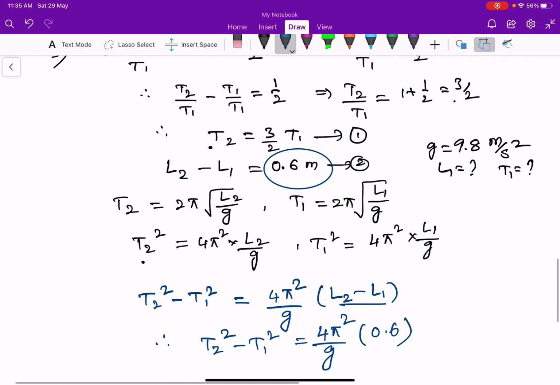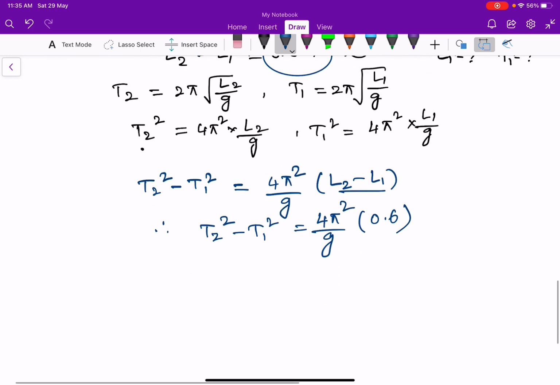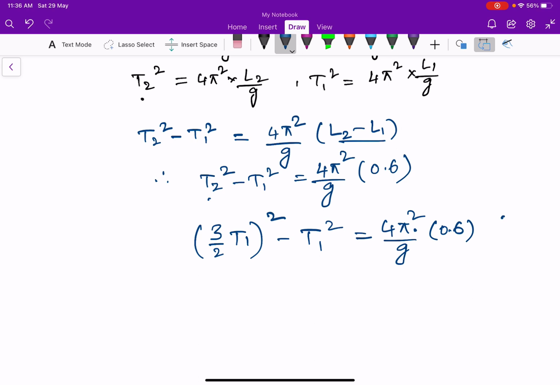So here T2 is equal to 3 by 2 T1. I am substituting the T2 value: 3 by 2 T1 whole square minus T1 square is equal to 4 pi square by g into 0.6. Here pi value is 22 by 7, you know it, and g is equal to 9.8, you know it. The unknown thing is only T1. So you will find out the T1 value here, the initial time period T1.